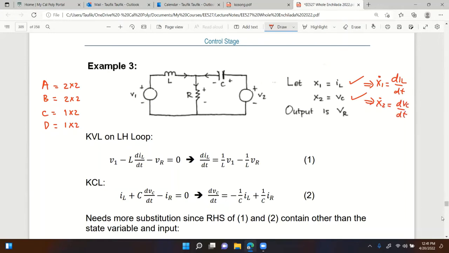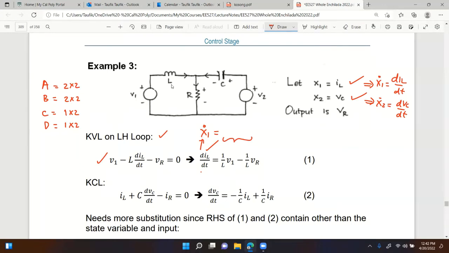And for dIL dt, as we already learned earlier, let's do KVL around the left loop, because that's where you have the L. From there, I get this equation: V1 minus L dIL dt minus VR equals 0. I move the dIL dt to the left side of the equation, and I have the first equation for x1 dot. As you can see, this is x1 dot equals the right-hand side of the equation.